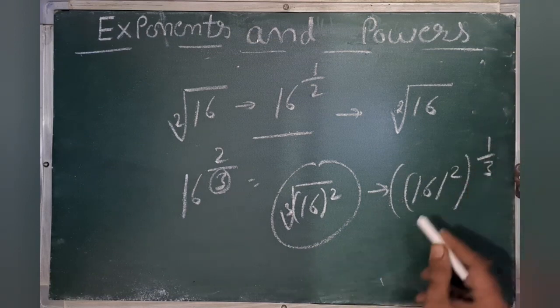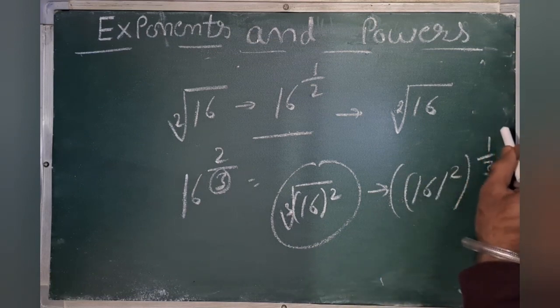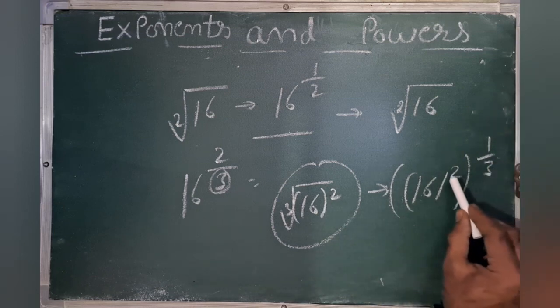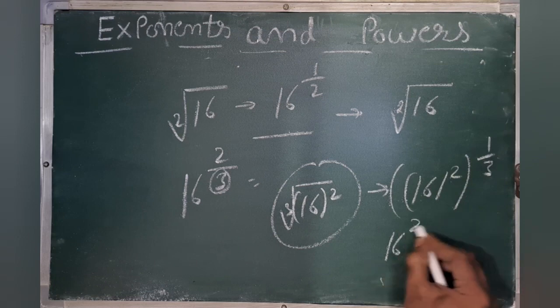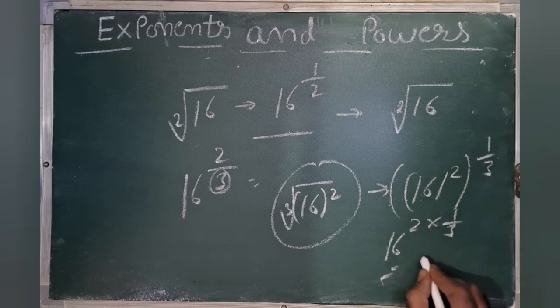This follows a power m power n, so m multiply n. So 16 power 2 times 1 by 3, that means 16 power 2 by 3. Understood? One more example.